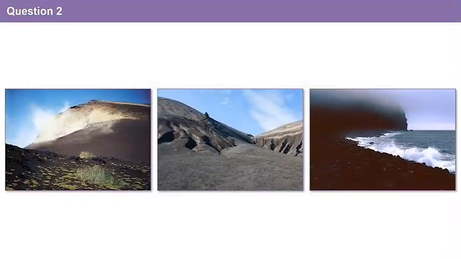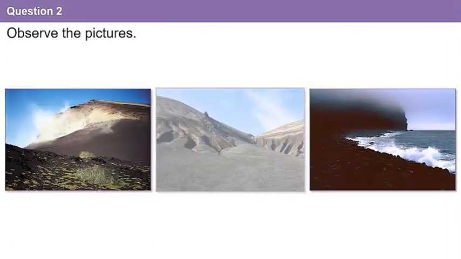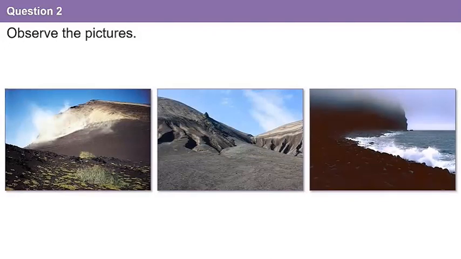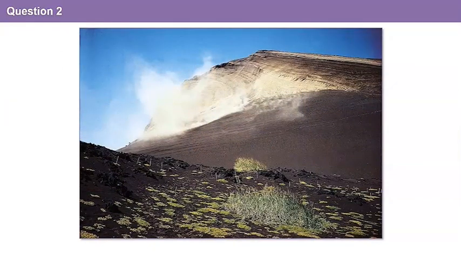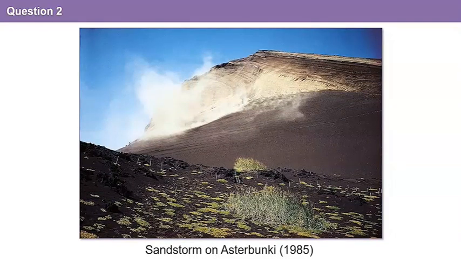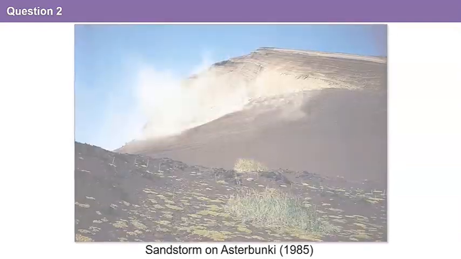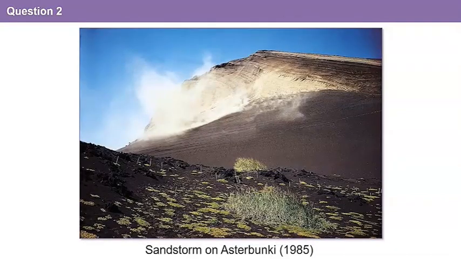Now, let's look at question 2. Observe the pictures. These 3 pictures are from the diagram of Surtsey. You will observe each picture one at a time. Observe this picture of a sandstorm on Astrabunki in 1985. What do you notice about this picture?